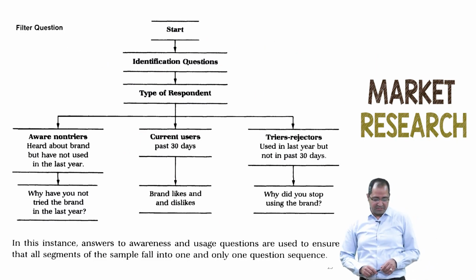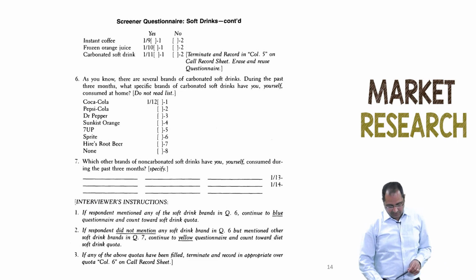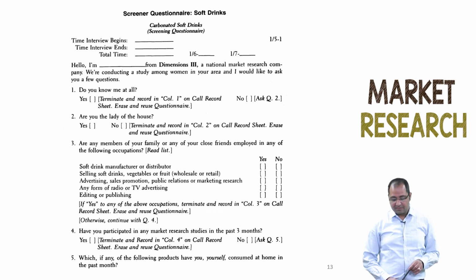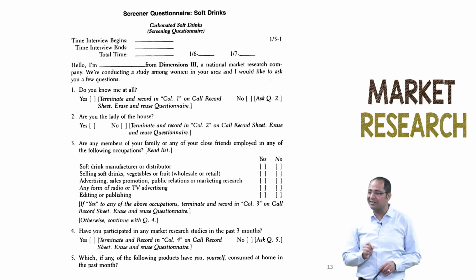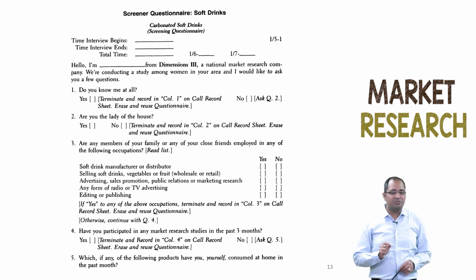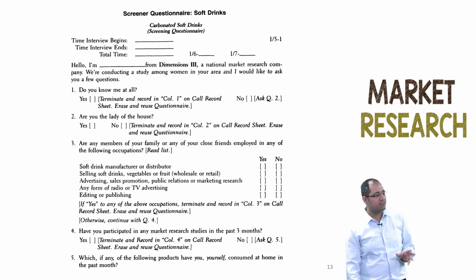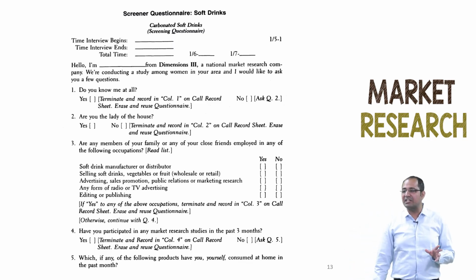So another one is the screener questionnaire. This I took from Professor Michael Hyman's slides because very interesting screener questionnaires were given. This is a screener questionnaire for soft drinks. They were doing a survey for soft drink consumption.